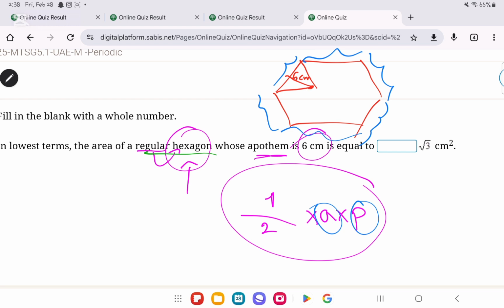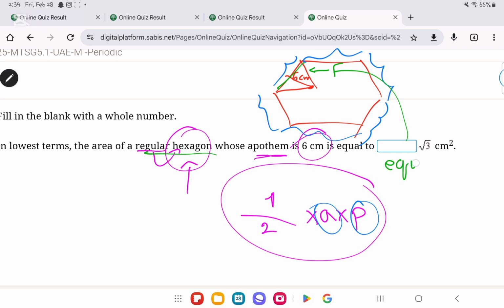So if you do it like this, you are dealing with a semi-equilateral triangle. So if you find this side over here, then you will be able to find this side over here because it is an equilateral triangle. Okay, so to find this side over here, there is a specific rule for it in a regular hexagon or in an equilateral triangle.